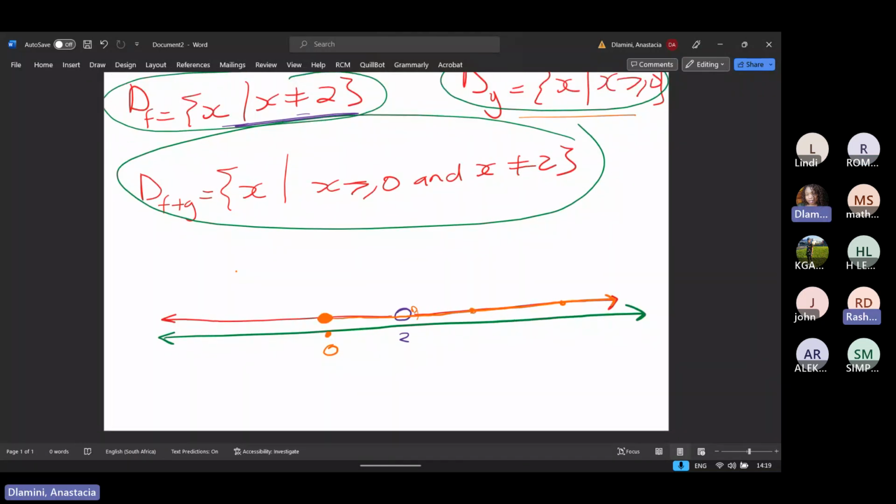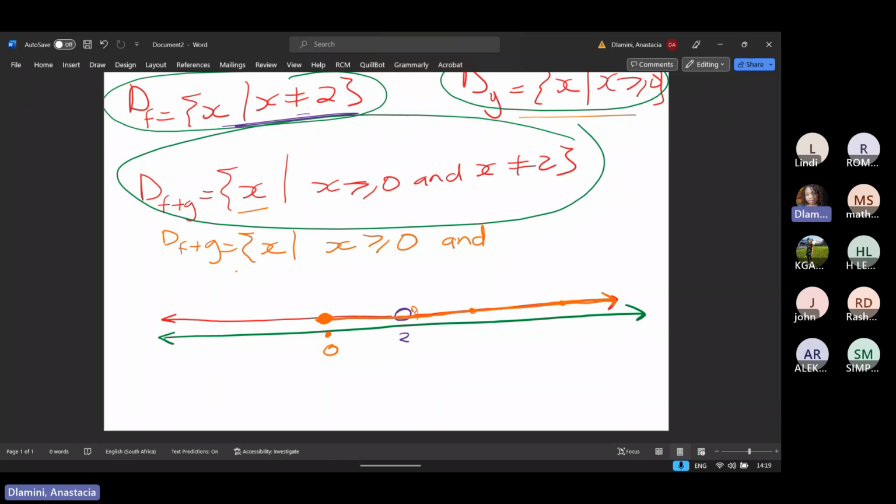Good. So it means that the set notation, this one that we wrote here, f plus g is equal to x such that x is greater than 0. We can see from this one, it's 0, and then it goes further and further, so x is greater or equal to 0. And x should not be equal to 2.